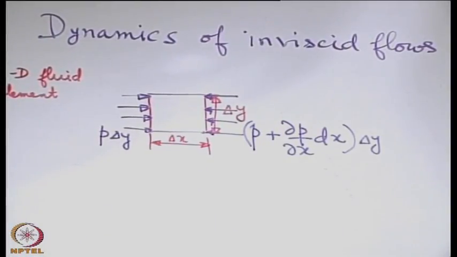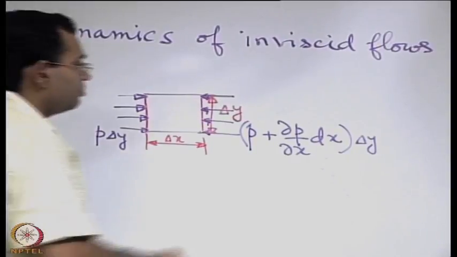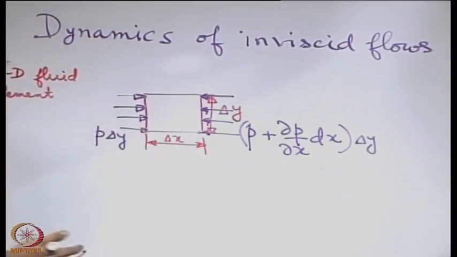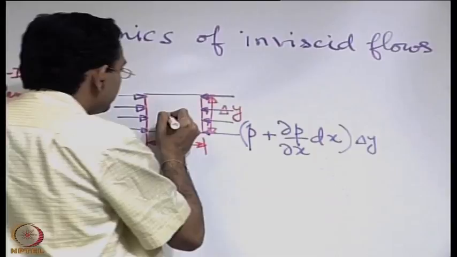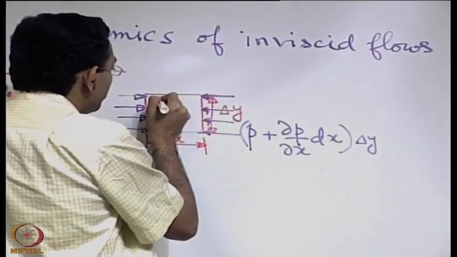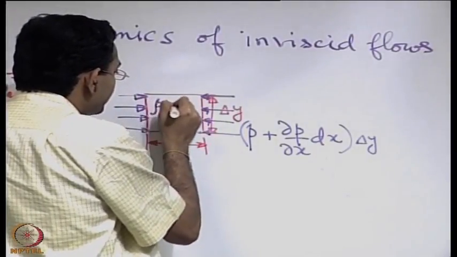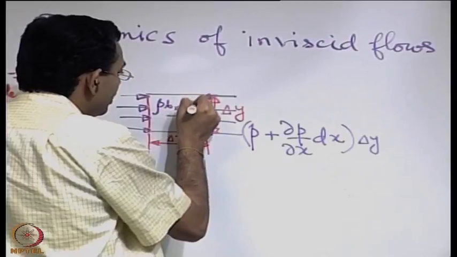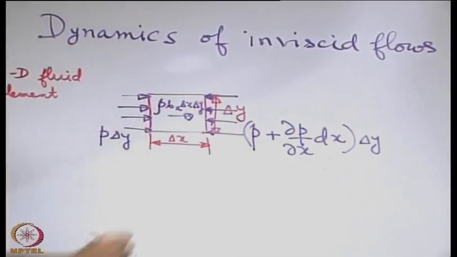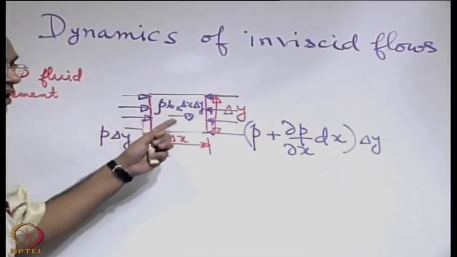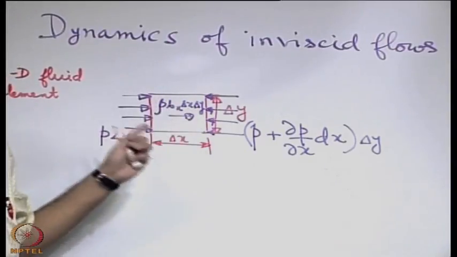Body force may be there. Let us say that Bx is the body force per unit mass. So rho into Bx into delta x into delta y is the body force component along x, because rho into delta x into delta y is the mass of the fluid element.